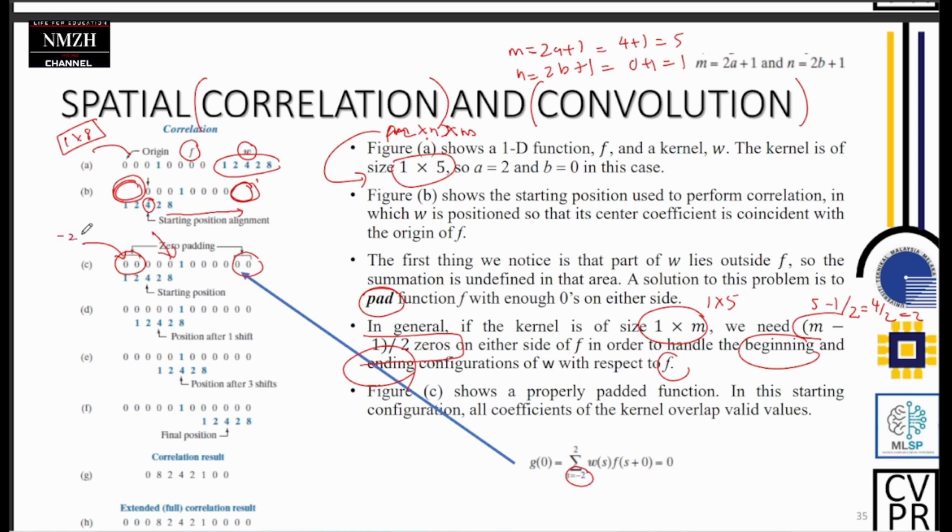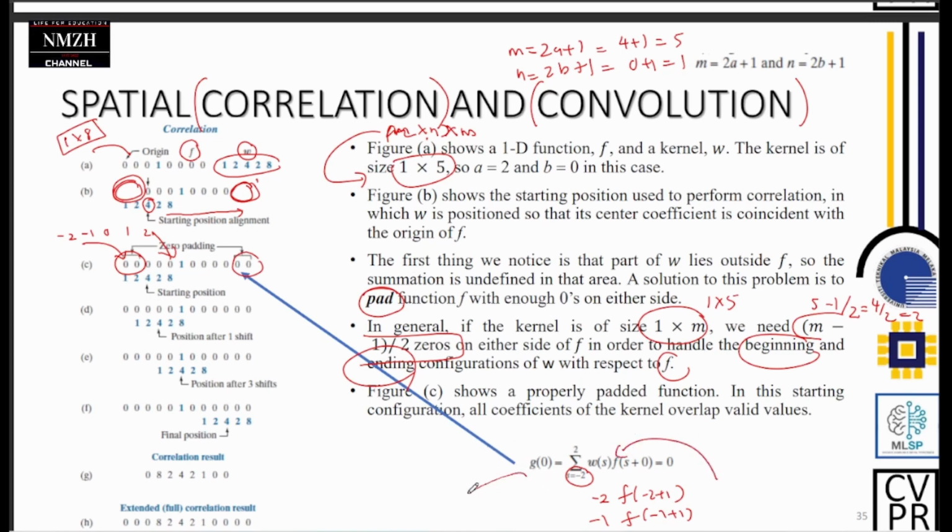Because -2, -1, 0, 1, 2, there will be 5. So W at -2 is multiplied with F at -2 plus 1, then -1 with F at -1 plus 1, and so on. That would be the calculation of the inner product for G0.